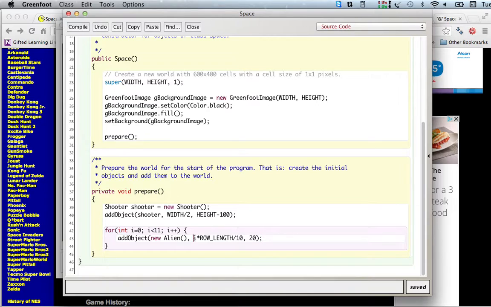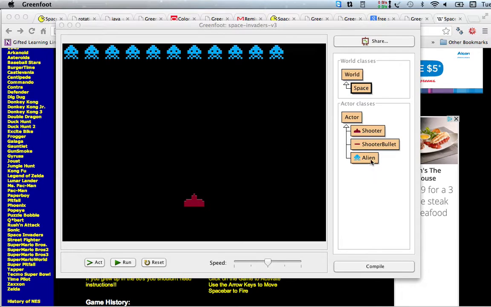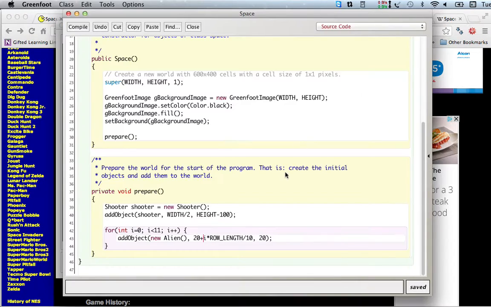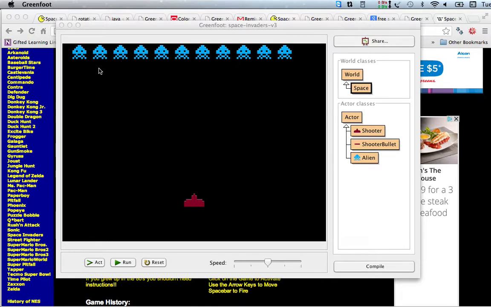So if we added 20 to every single guy, then they're over by 20. Or if we added 40, and then moved over by that much. So we could play around with those numbers and try to figure it out.